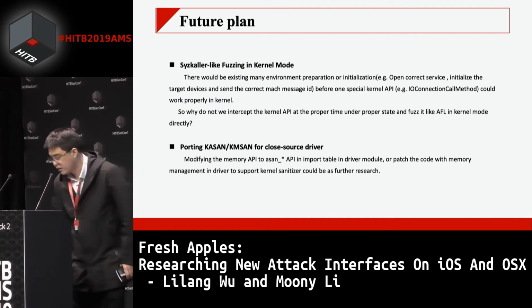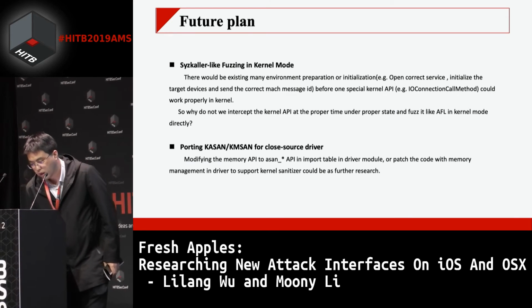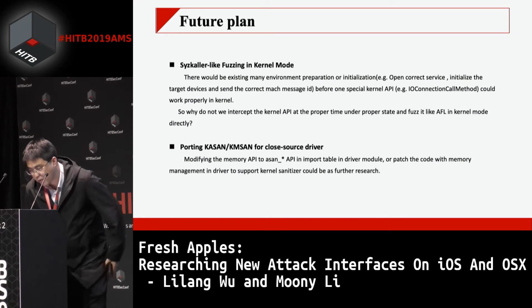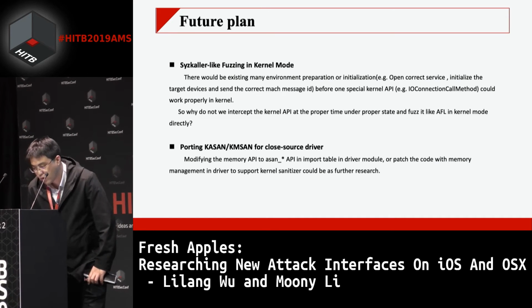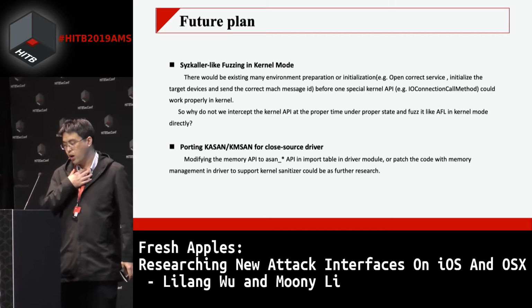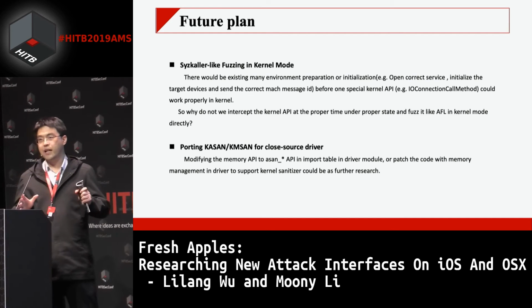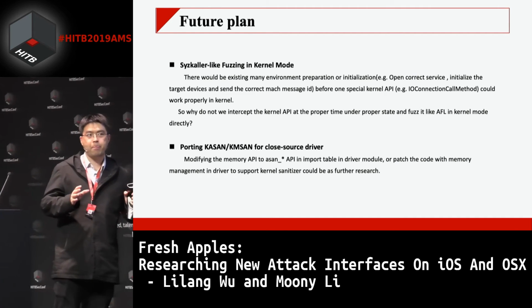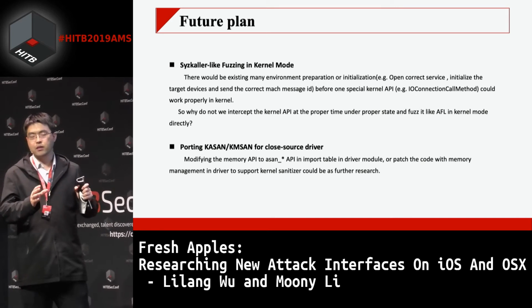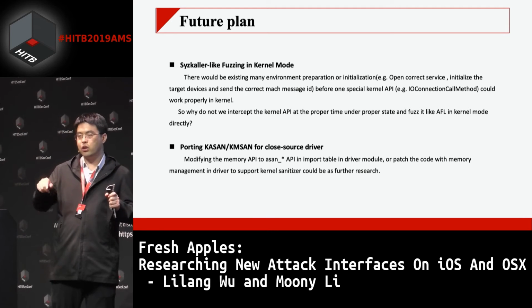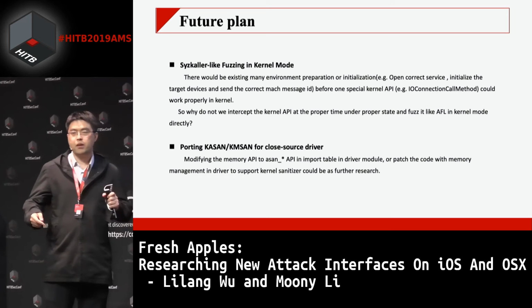And the other part is about porting KASAN or the kernel memory sanitizer to closed source drivers. The official KASAN mechanism is supported by the XNU kernel, which is open sourced.